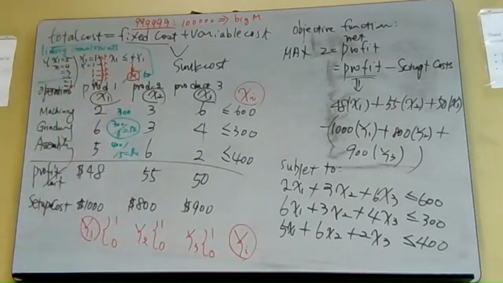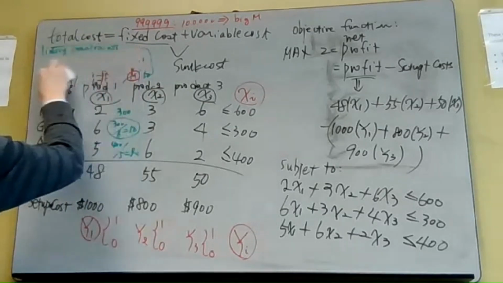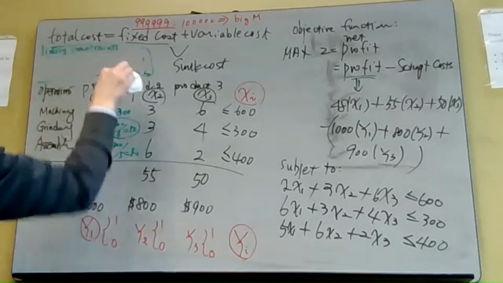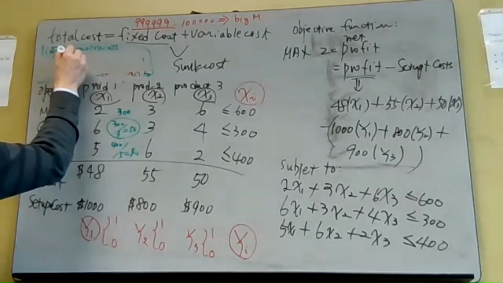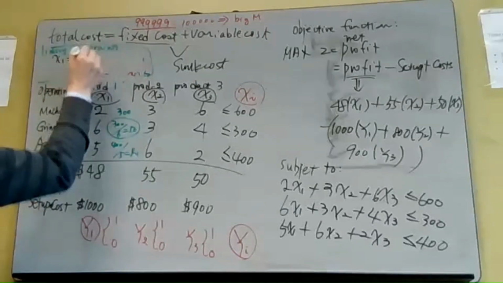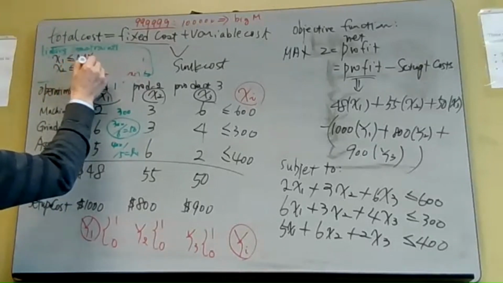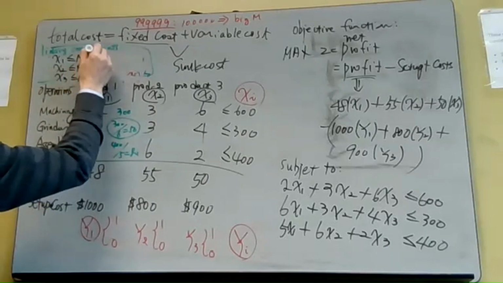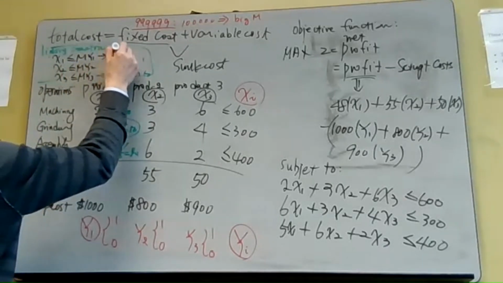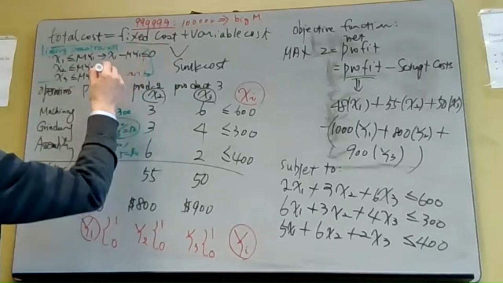Now, if you rewrite the linking constraints, x1 should be less than or equal to M y1, x2 should be less than or equal to M y2, x3 should be less than or equal to M y3. So this is equivalent to x1 minus M y1 less than or equal to 0.